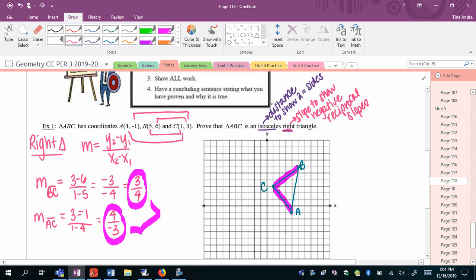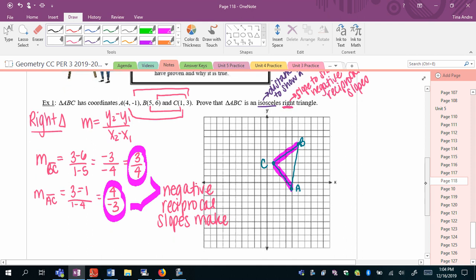So that's good. These are negative reciprocals. Negative reciprocal slopes make perpendicular lines, which means that angle C is a right angle.